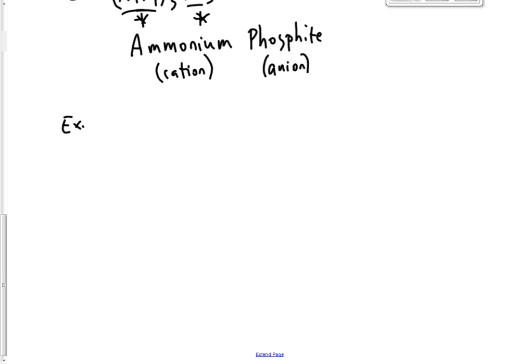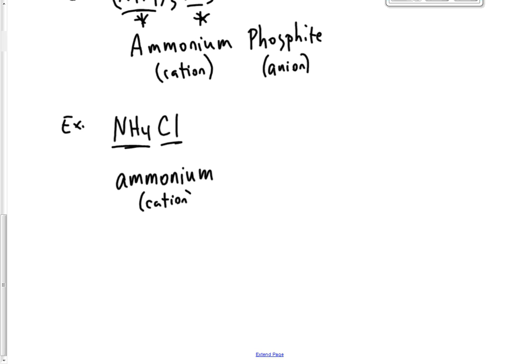Let's look at one more example. Let's go with ammonium again. So NH4, and then let's just add a regular non-metal to it. Let's go with Cl. So NH4Cl. Again, you have to be able to identify that that's a polyatomic ion, and then here's our non-metal. So step number one, we're going to name our cation, and it's ammonium. Then we're going to name our anion.